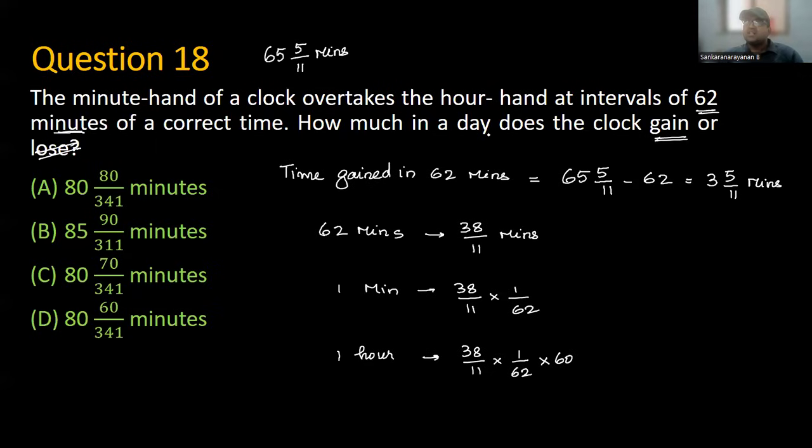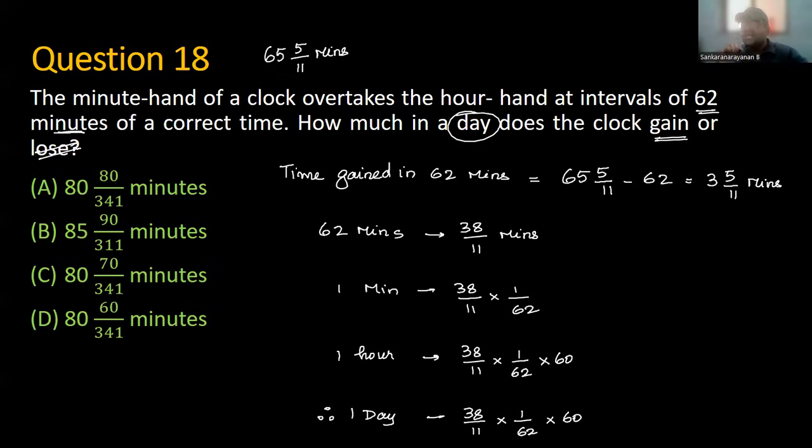In the question it is asked how much in a day does the clock gain? So I can see that therefore in 1 day, the time gained will be 38 divided by 11 into 1 by 62 into 60.